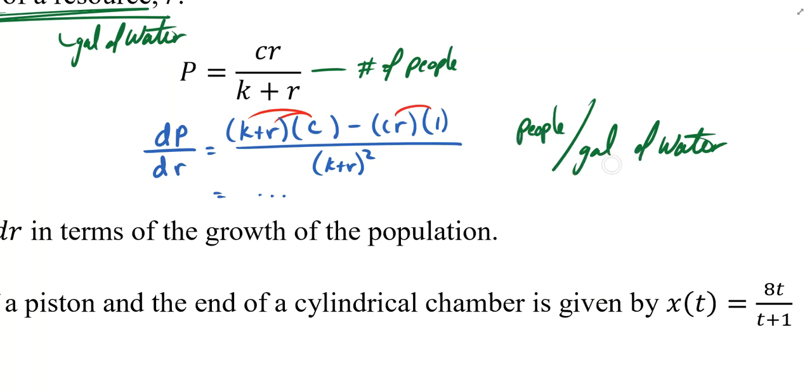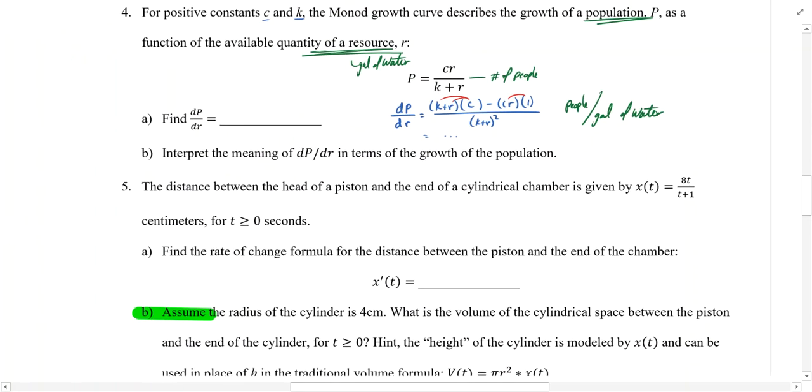And if a population is used to, say, 10,000 gallons of water, and we reduce that to 9,000, well, that's not much of a change, and the change in the population will be relatively small. But if we had a large change in the amount of available resource, let's say we only give 500 gallons of water to support the population, well, then the number of people that are supported by that particular resource is going to be much less, and it's probably going to be dropping at a faster rate.